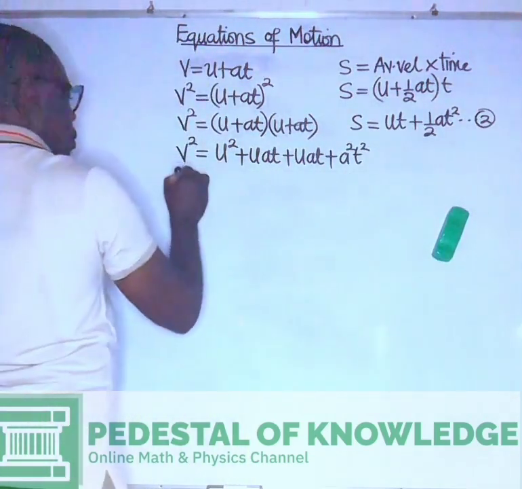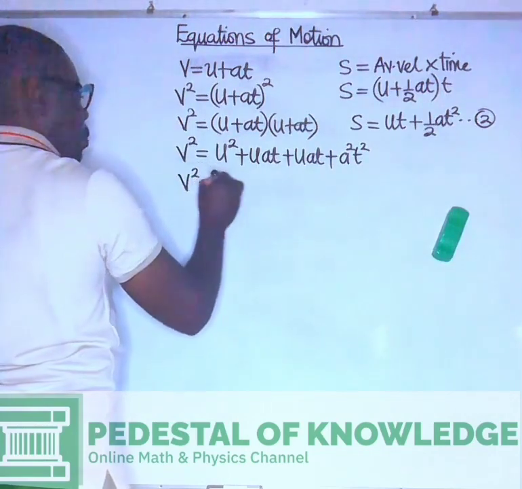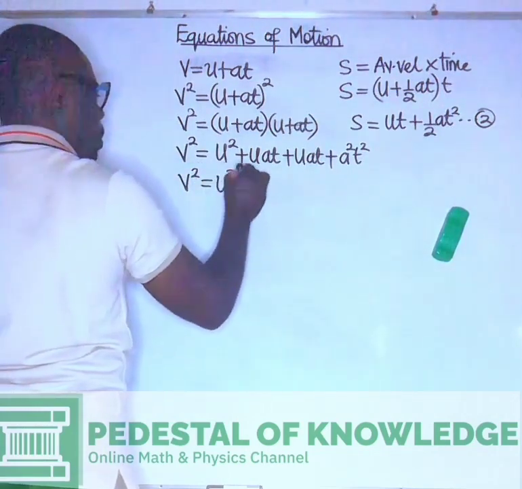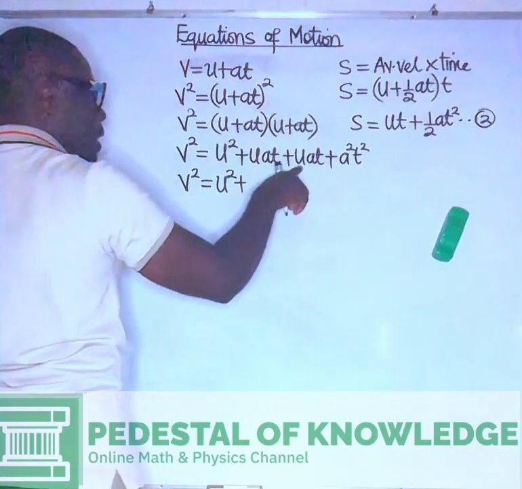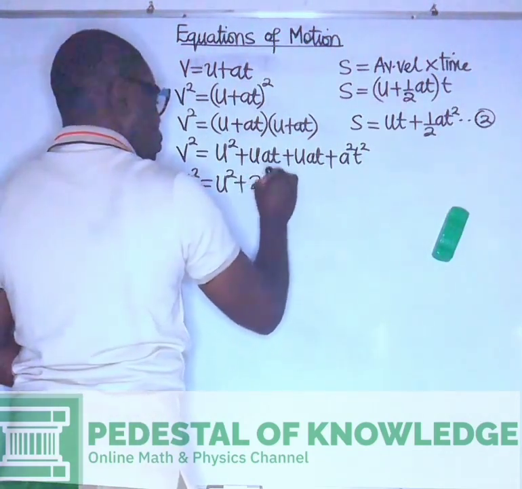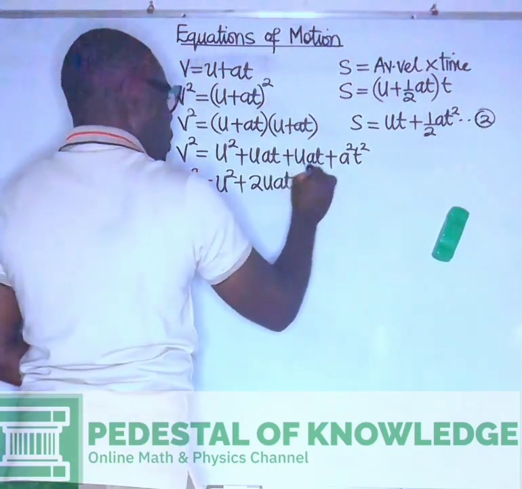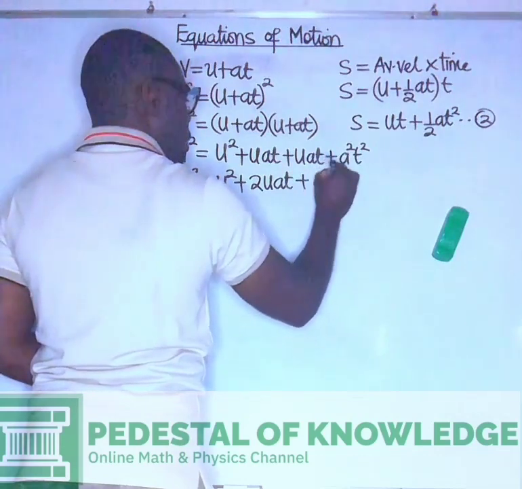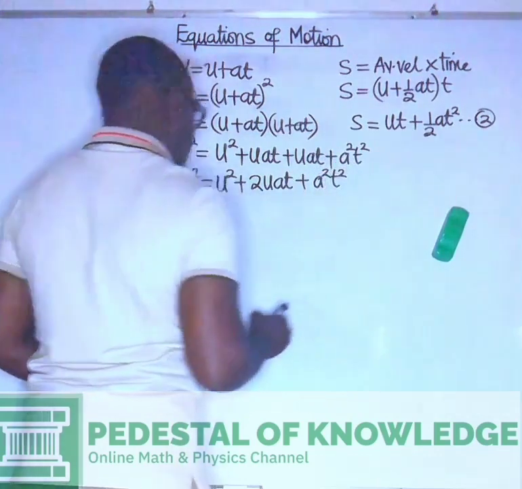Okay, now we're going to have v squared is equal to u squared plus uat plus uat will give us 2uat plus a squared t squared.